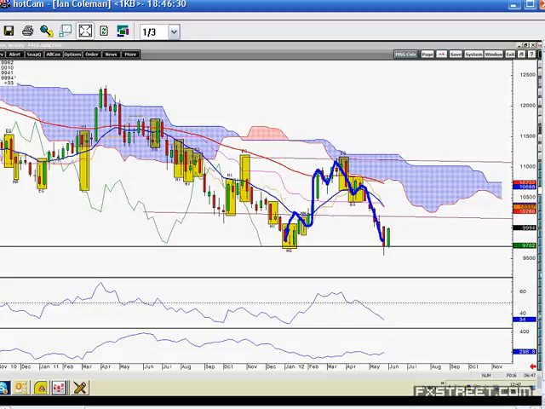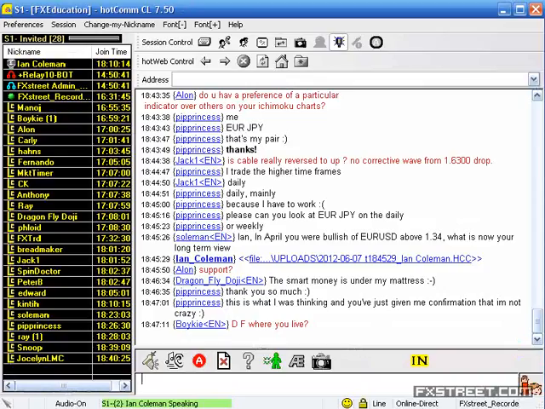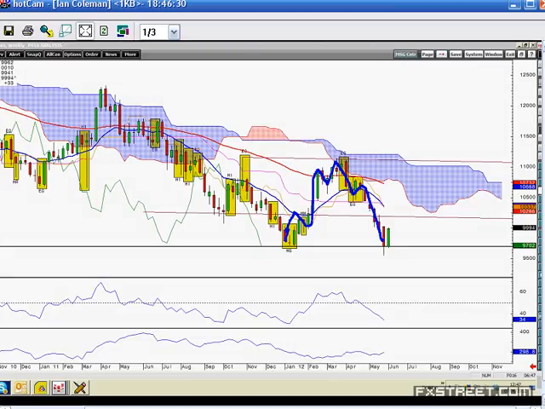But if we break down through time frames again, 240 minutes has moved well and truly into the buy zone now. Inside bar here, 60 minutes, aggressive move up. I think we've paused around 161.8%.